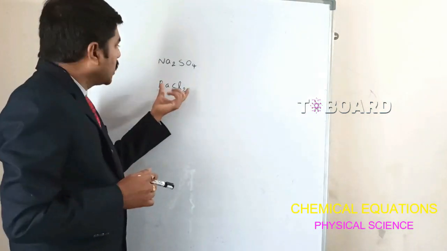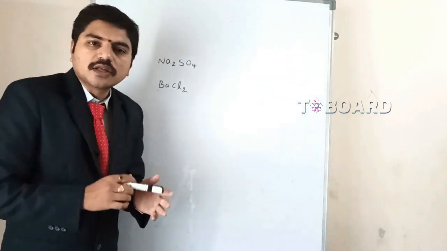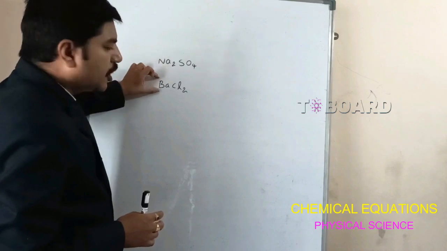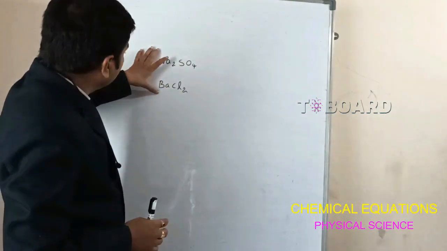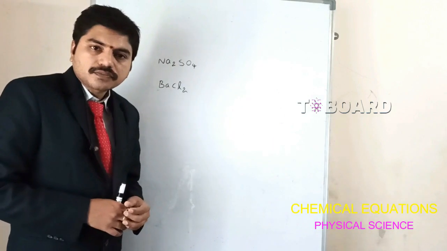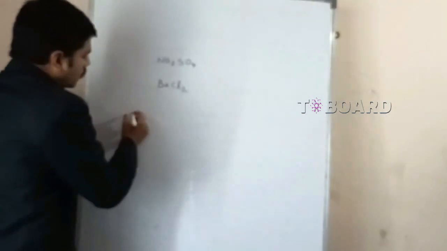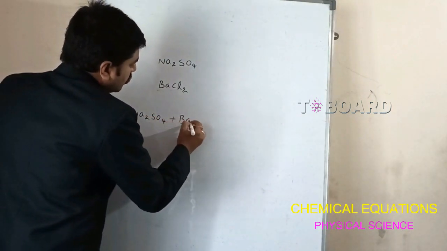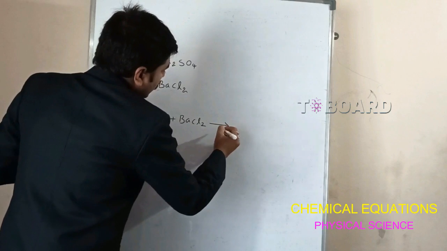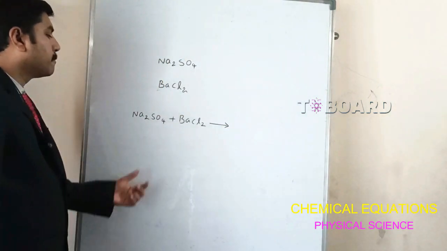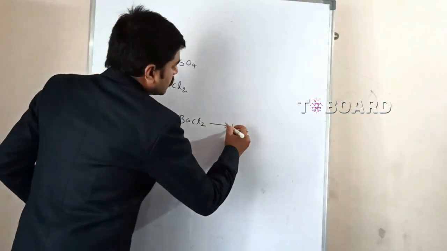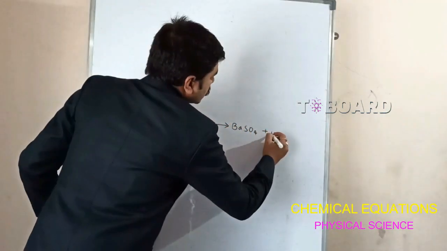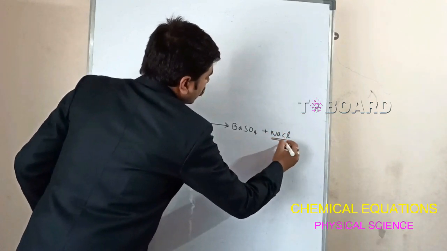Na2SO4 is a sodium sulfate solution, right? When I add this sodium sulfate and barium chloride, what happens in the equation? Na2SO4 mixes with BaCl2, and it becomes barium sulfate and NaCl, sodium chloride.